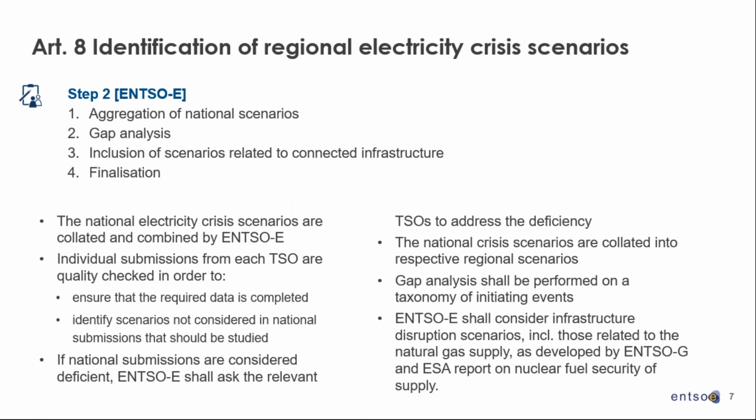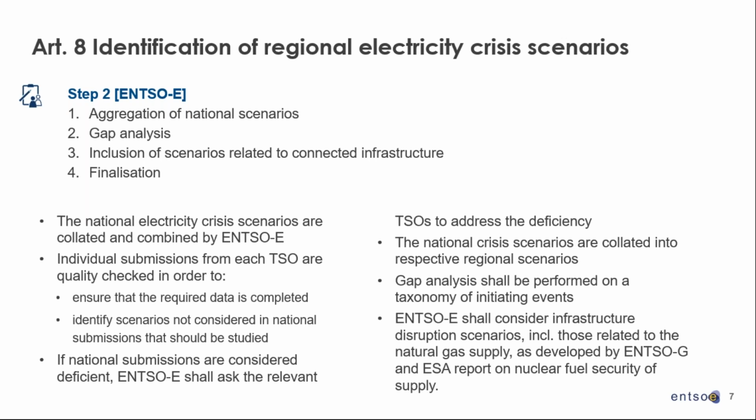The next step is for ENTSO-E to aggregate those national scenarios and collect them together to get a regional picture. At this stage, we will also look at gap analysis, so that if there is any information missing, we would go back to the TSOs to gather more information, and we'll also inject any scenarios that we feel are missing at a regional level.